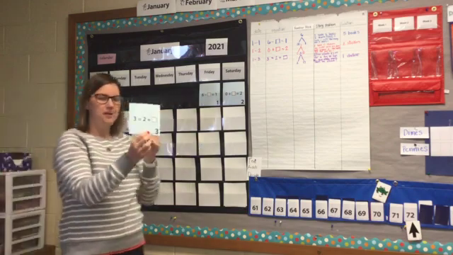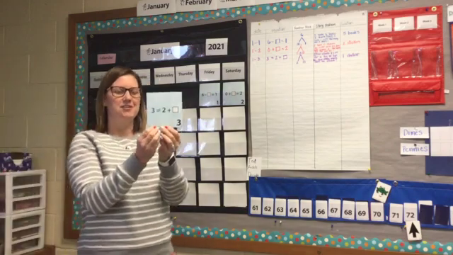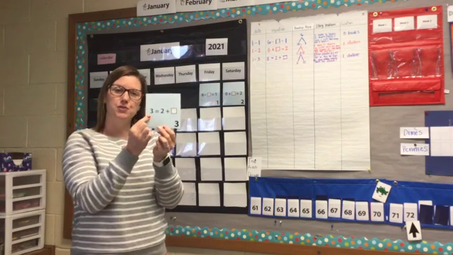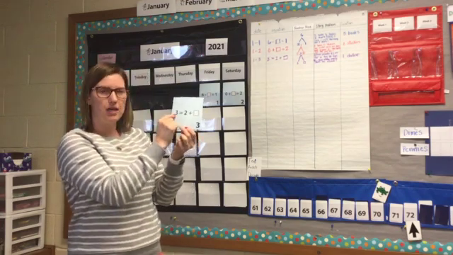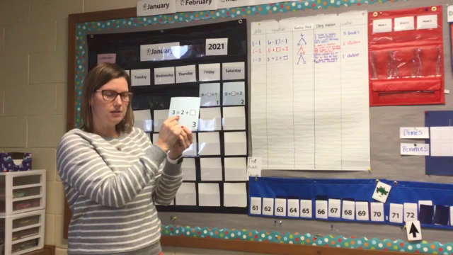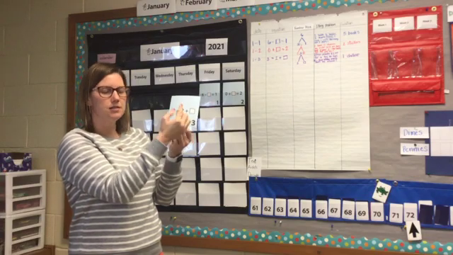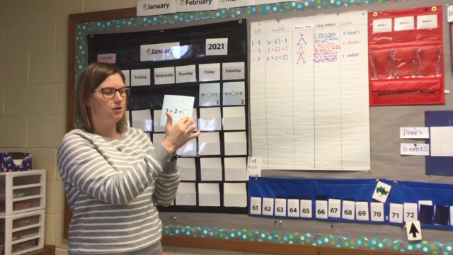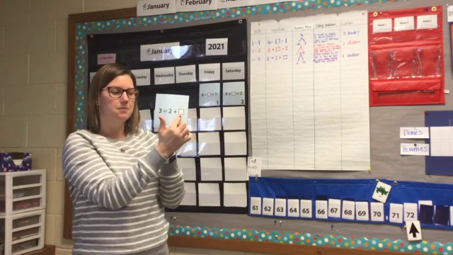Sunday, yesterday, we have another equation. This time, our total is first. It says 3 equals 2 plus something. Our unknown part or partner is what's in that empty box.